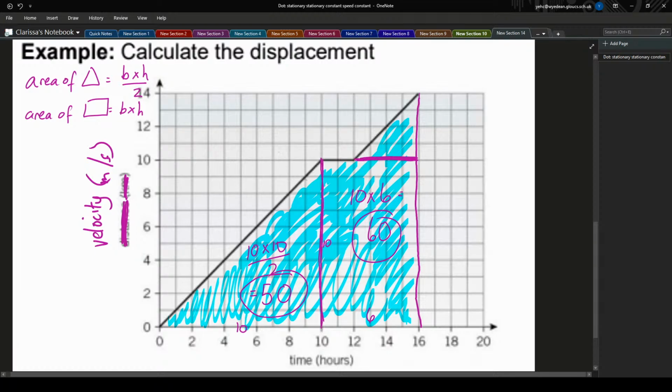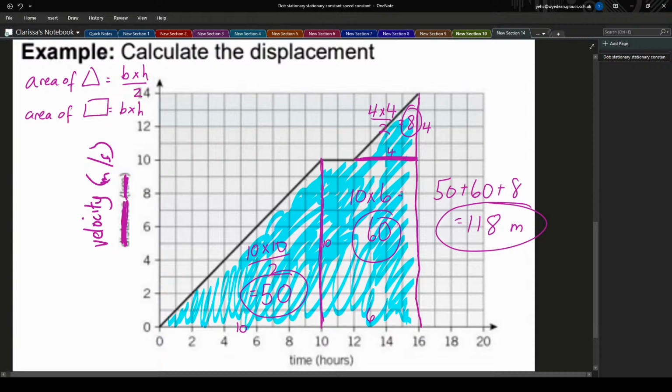Base is 12, from 12 to 16, so base is 4. Height is from 10 to 14, so height is 4. And it's 4 times 4 divided by 2, and that is 8. So we have 50, add 60, add 8, and that is equal to 118 meters. So that's my final answer.